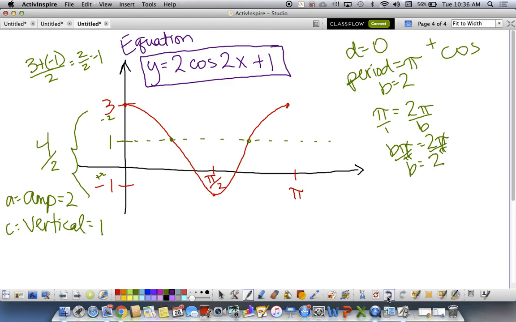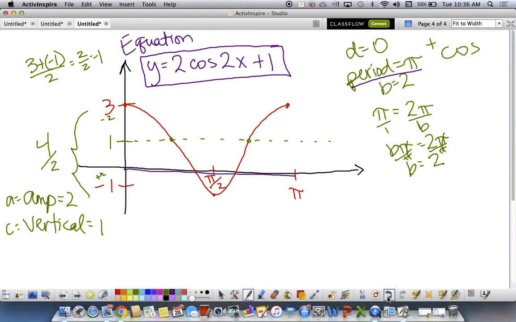So these last two, you've had 3 out of the 4. I haven't given you all 4. I'm having trouble with these 3. Okay. Do I need to slow down even more? I don't know how you got B. We found the period, right? We started at 0 and we went to pi.